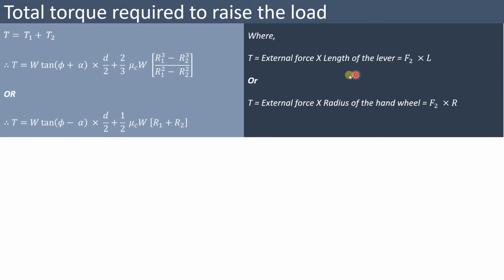So again T will be equal to force into length, or F2 into L, or F2 into radius of the hand wheel. If you use hand wheel to operate the screw, then use radius. If you use the length of the lever, then use L. So either you can use F into L, F1 into L, or F2 into R. You can use any suffix, any notation over here. I have used F2 over here.